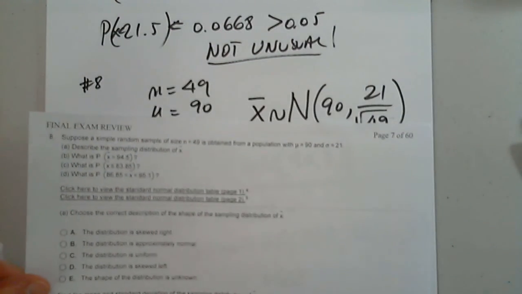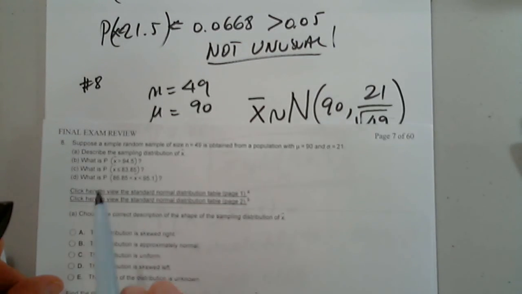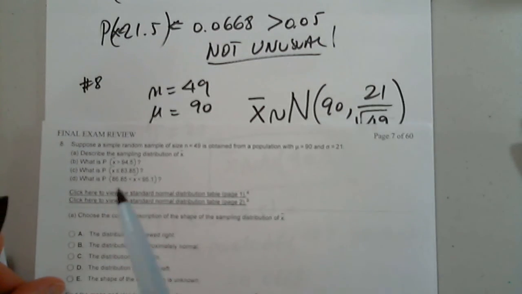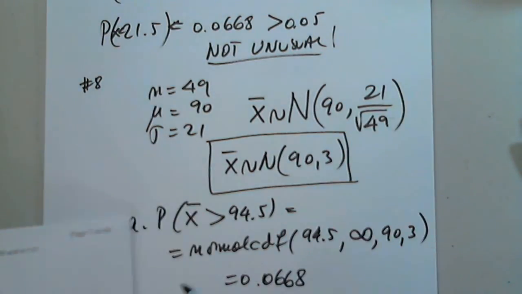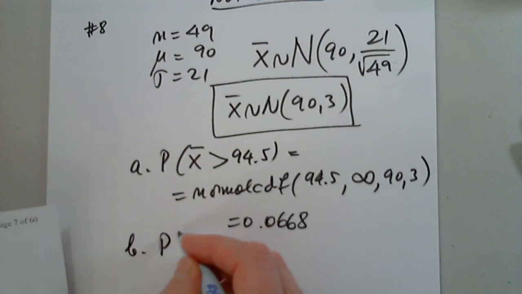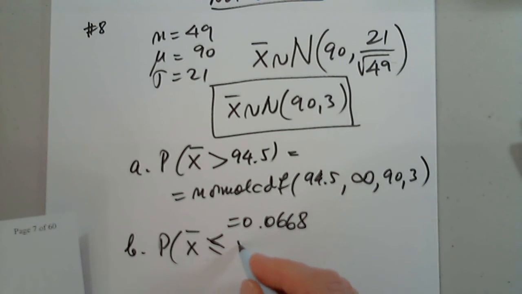On the next question, what is the probability that x bar is less than? Careful, this is x, very different, right? So in part B, they want x bar to be less than or equal to, it doesn't matter, it's a continuous distribution.